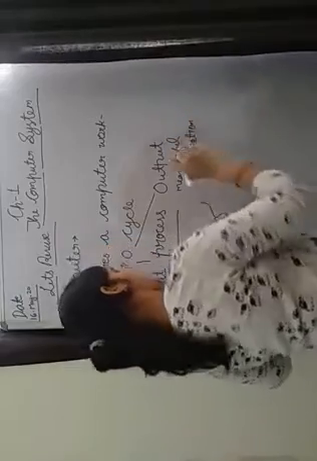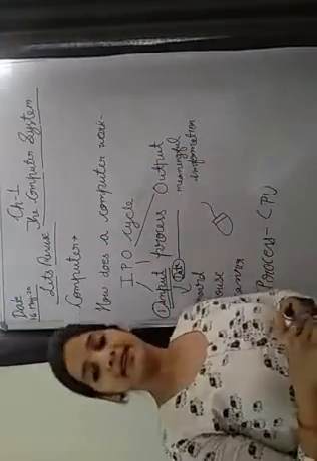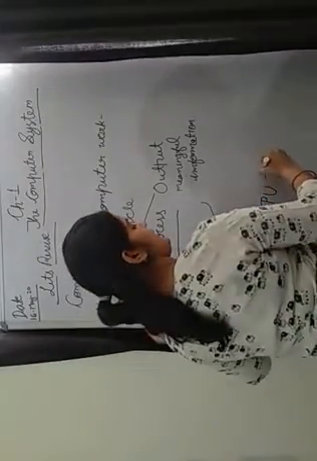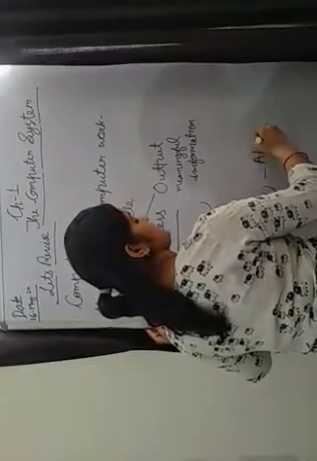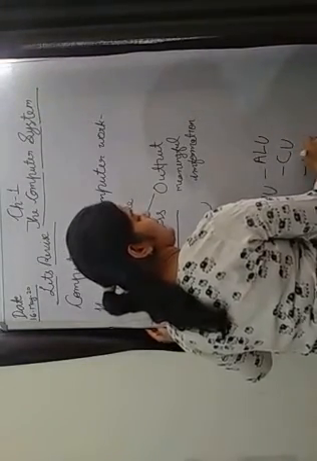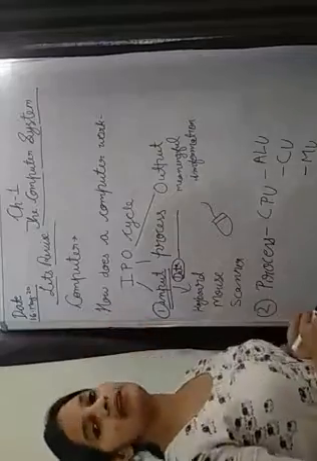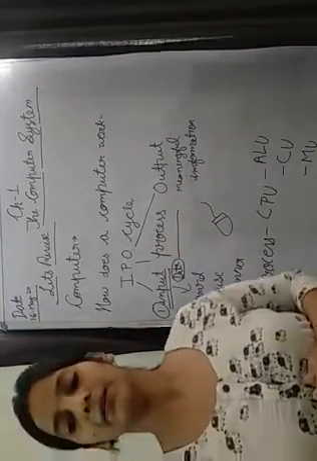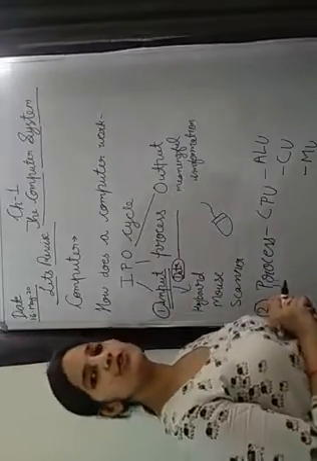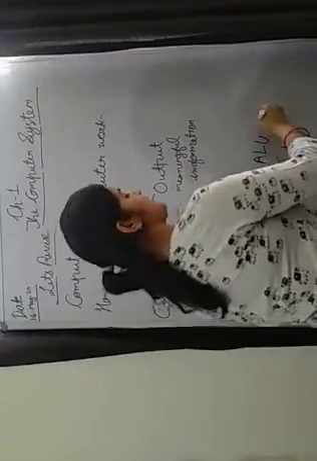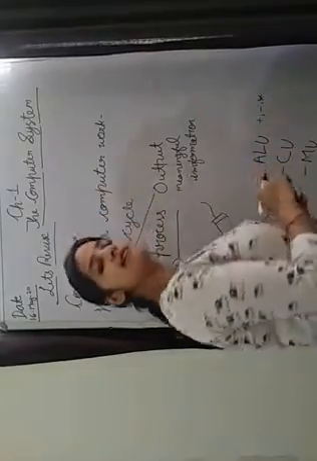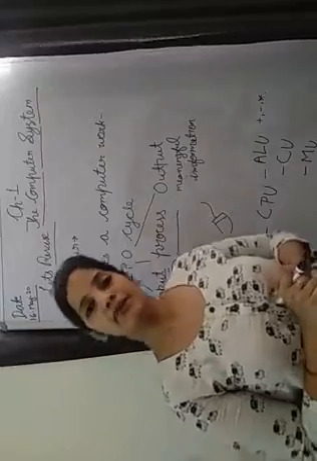Okay, so CPU. Basically there are three operations of the CPU. One is ALU, second one is CU, and third one is MU. ALU is the arithmetic and logic unit. Arithmetic means addition, subtraction, multiplication, these types of functions are performed.